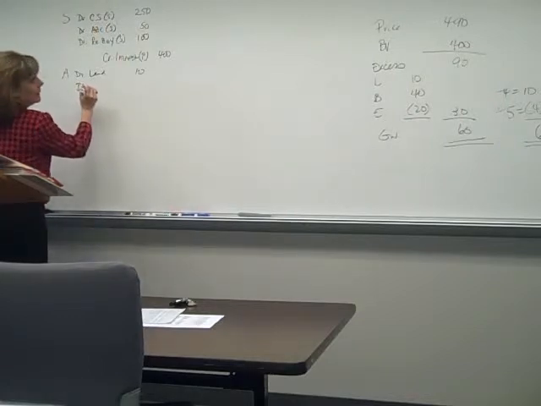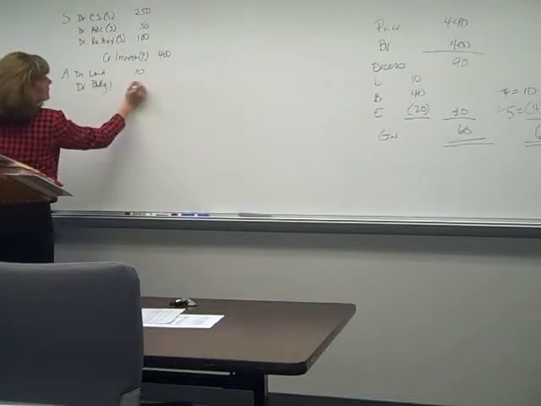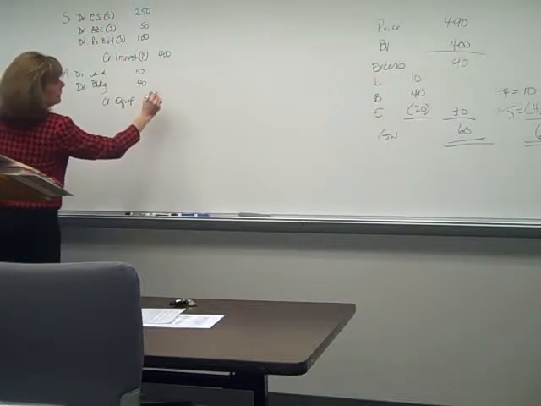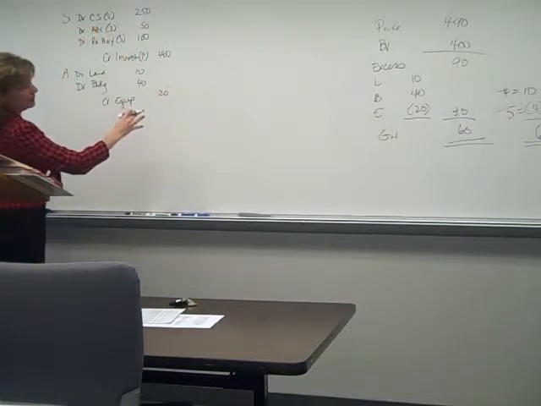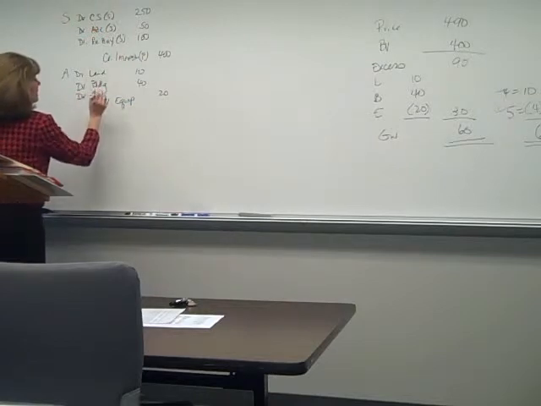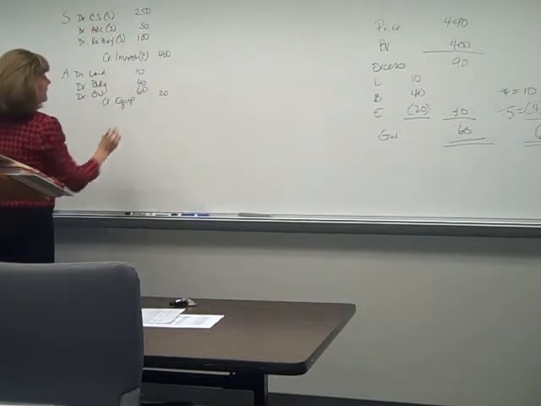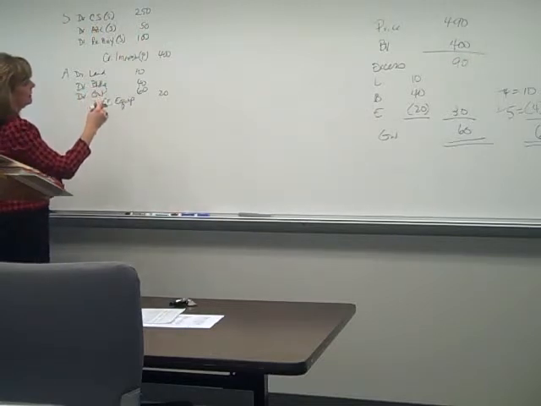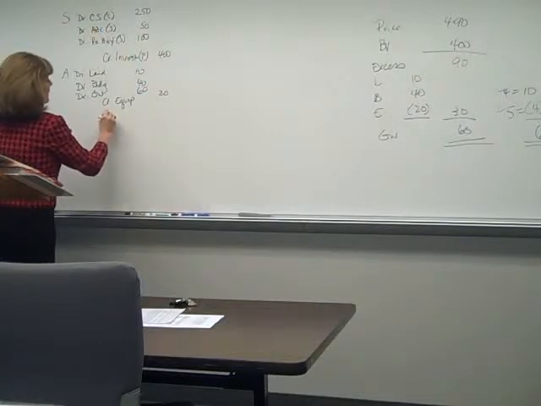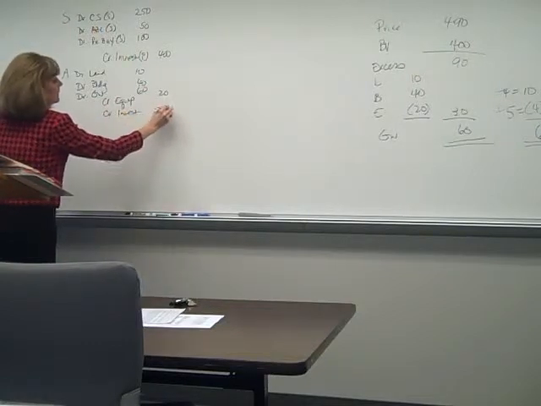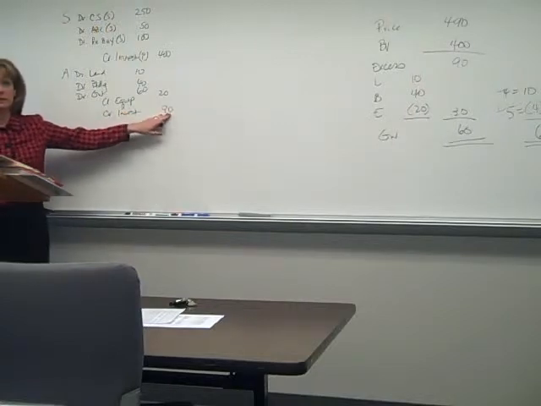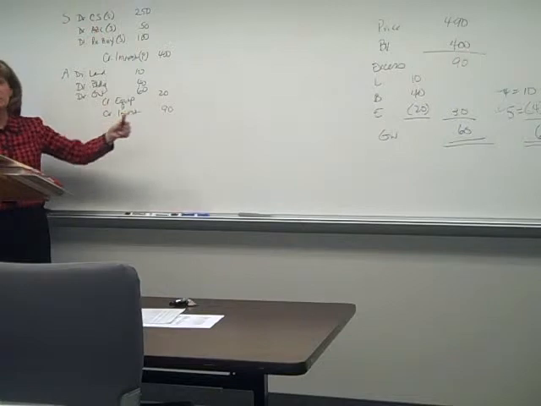So debit land, debit building, credit equipment, and then the net of that, debit goodwill, don't forget your goodwill, I almost did. And so that is 90, credit investment. This is a plug.